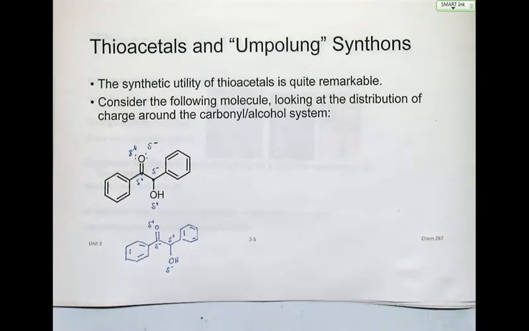Then you get the exact opposite. So it doesn't make any sense, right? The natural polarity is off here. It's sort of like upside down, right?